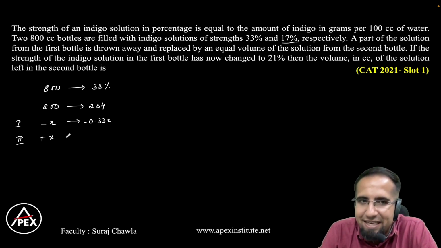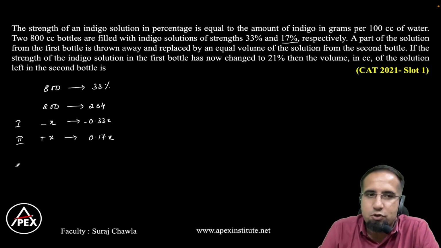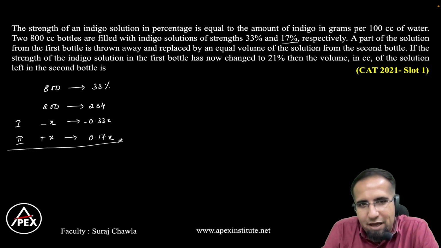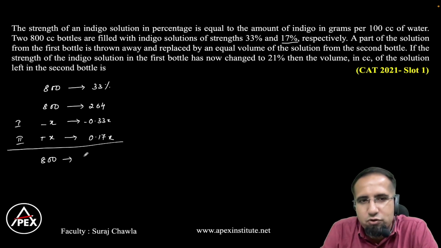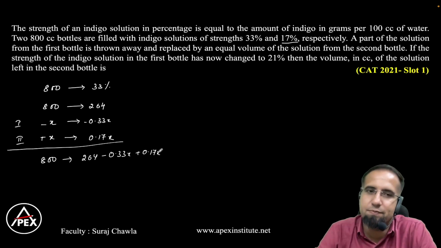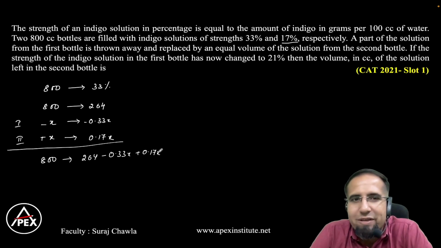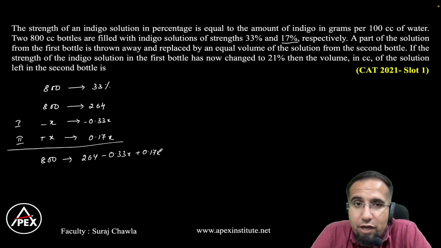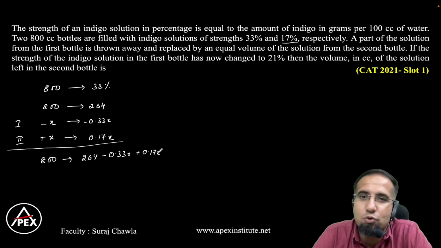If 17 percentage strength, then 17% of x will be 0.17x. So effectively what is happening, guys? Effectively we have 800 ml only, but the quantity of indigo is going to be 264 minus 0.33x plus 0.17x.